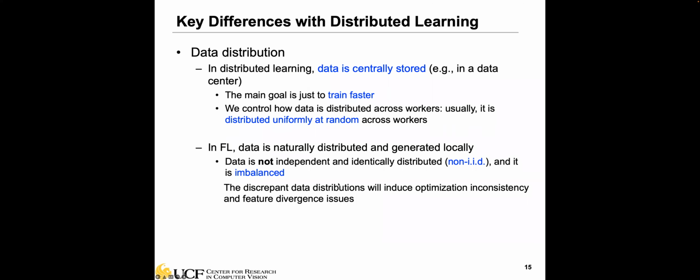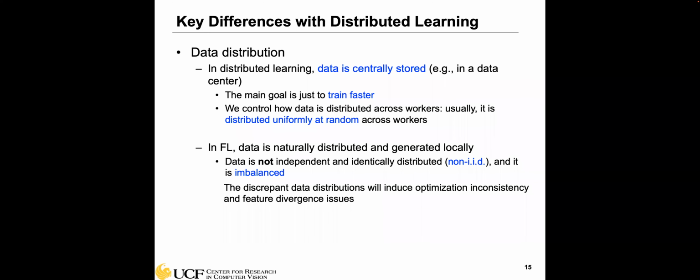And can anyone tell me why in this case the data is non-IID distributed in federated learning? For one, you have different devices that are taking in the data, and there are going to be subtle differences in those devices.